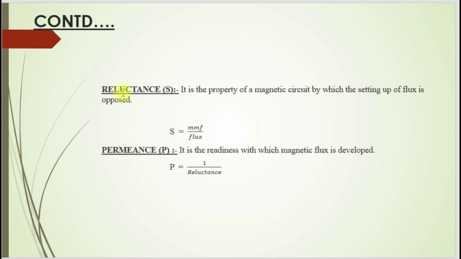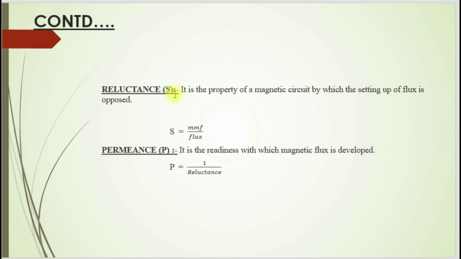Then next term is reluctance. Reluctance is the property of a magnetic circuit by which the setting up of flux is opposed. That is, the opposition that the magnetic circuit offers to magnetic flux is known as reluctance.